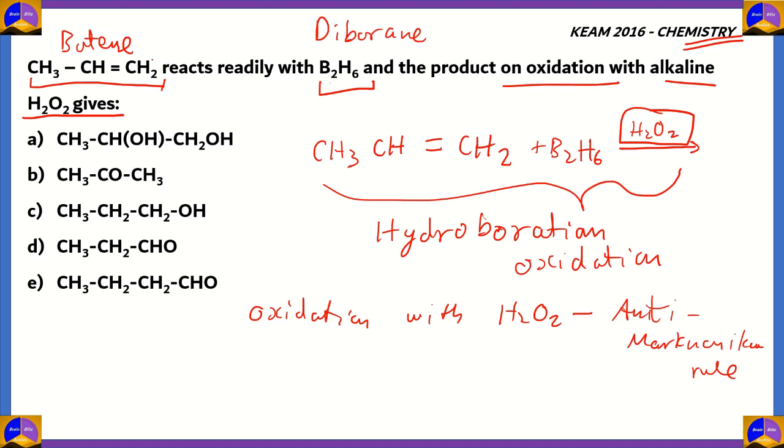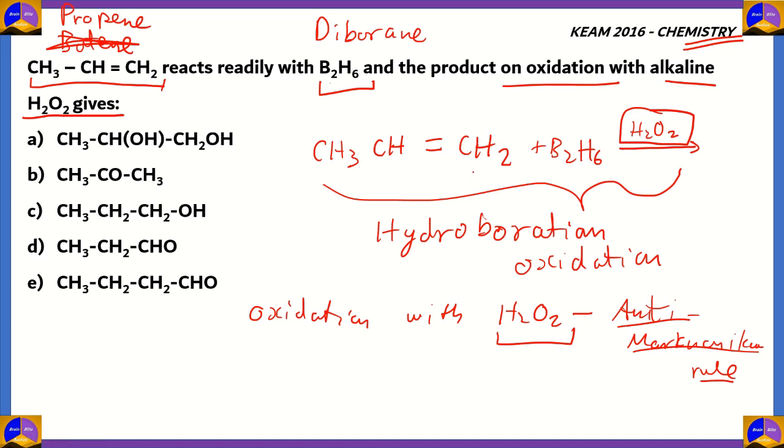So that means in normal Markovnikov rule, propene will transform to propan-2-ol. So in this case, it's quite the opposite. So the anti-Markovnikov rule occurs when you have H2O2, when the product is on oxidation with alkaline H2O2.